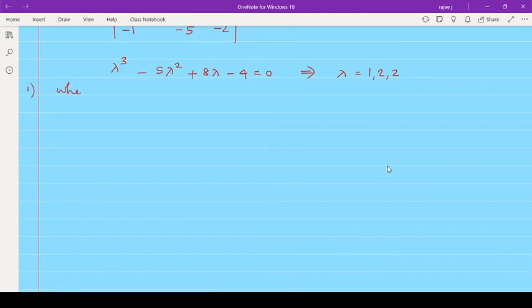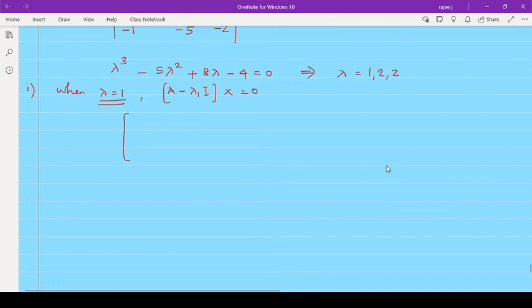So now when lambda is equal to 1, because that is a non-repeated value, you find the vector corresponding to that at first. So when lambda equal to 1, let A minus lambda 1 into I of x be equal to 0, the required eigenvector. So first step is to subtract lambda equal to 1 from the diagonal elements.